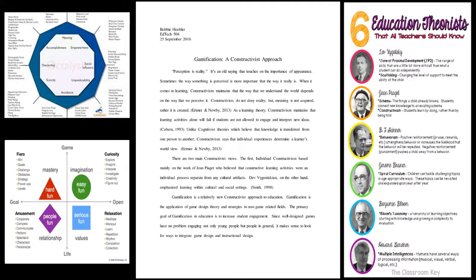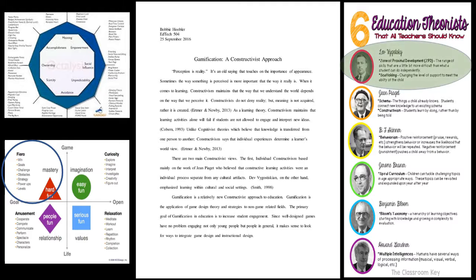For example, game designers like to use what's called fiero. That's what they call it. It's Italian for pride. It's that feeling you get when you accomplish something that was difficult. Gamers like to live in that zone where they're doing something really difficult but possible.